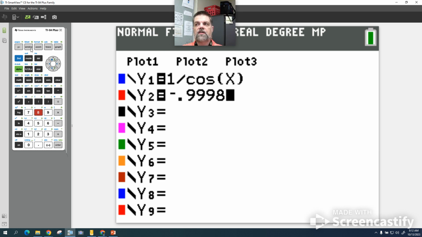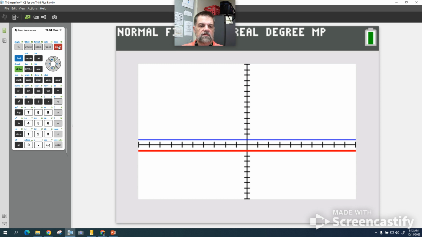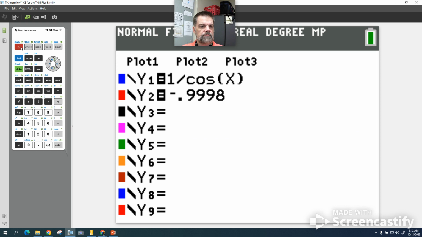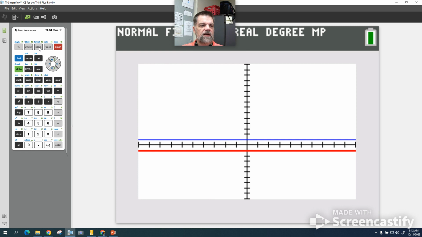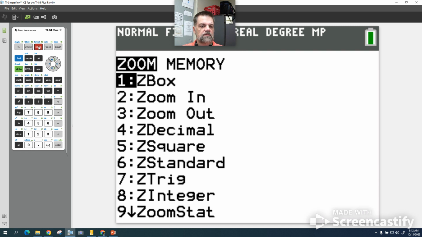And then I'll show you a third way to double check this, which is a little easier. All right, so I'm going to hit graph. And so the other thing you want to do is click on this zoom button and see option number 7 where it says Z trig.